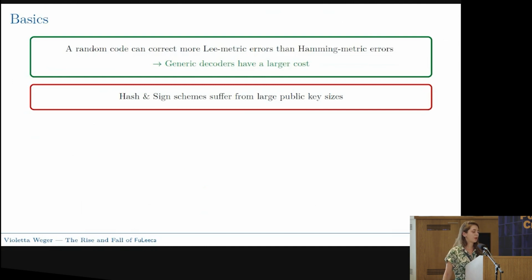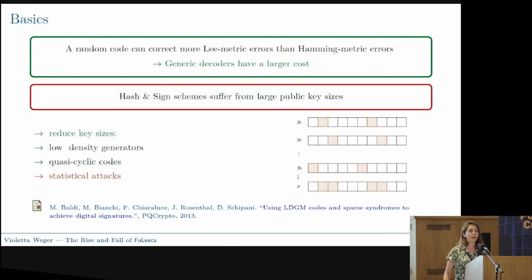For signature schemes, we also have a different reason. Hash and sign schemes usually suffer from quite large public key sizes. There are some cute ideas on how you could reduce these key sizes. For example, use low-density generators, and quasi-cyclic structure would reduce a lot. Unfortunately, this idea is vulnerable to statistical attacks. I tried to show this with this small picture.